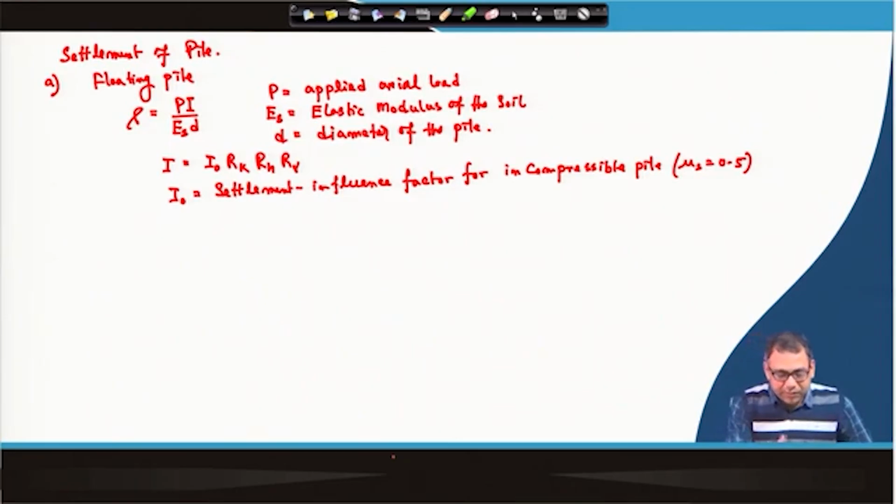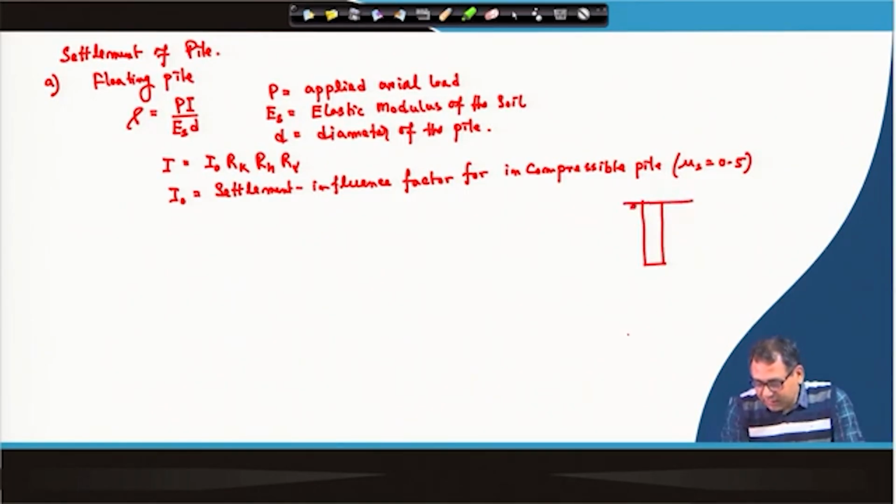Again, for incompressible pile R k is 1, then for mu equal to 0.5 R nu will be 1, and R h is another factor which is due to the finite depth of layer. In the previous floating pile we assumed the depth of layer is infinite, but if the depth of layer is finite, suppose your floating pile is like this, this is the pile and there is a finite depth of the layer.